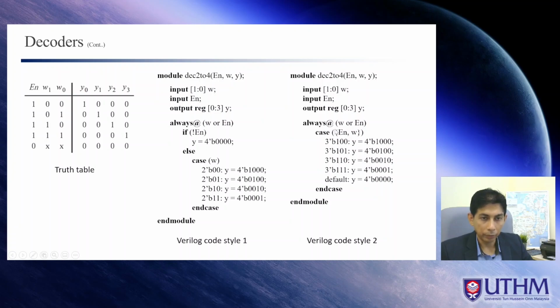Here we don't have the if statement, we straight away use a case statement, and we combine these two signals, En and W. Now these are 3-bit in total, En 1-bit and W 2-bit. When we combine, this is called concatenation.